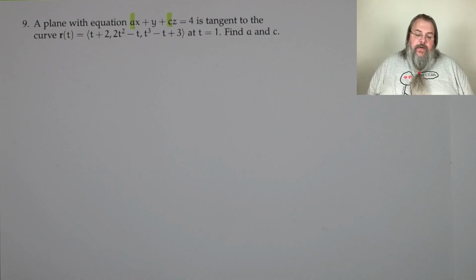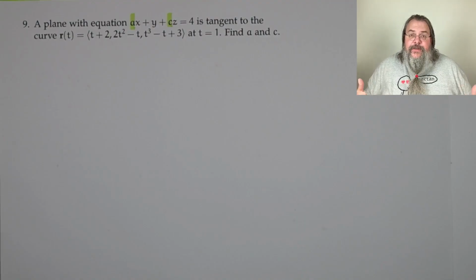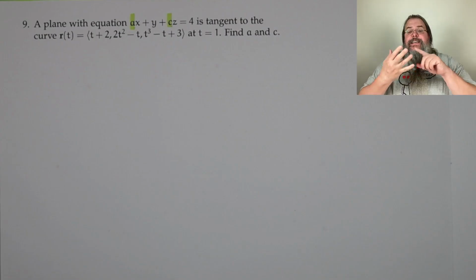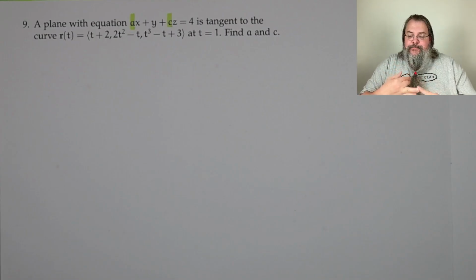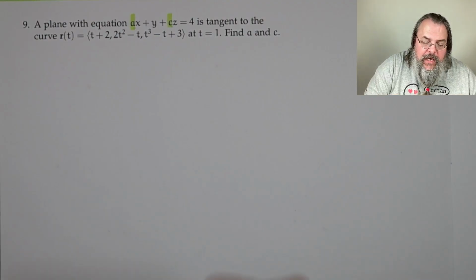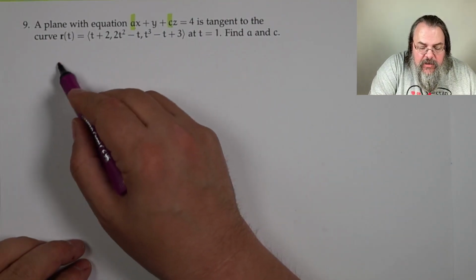What do we have? Well, if it's tangent, it must contain the point and it must contain the direction vector. So we're going to compute those two things. So we have our r of t. I'm going to write that down again.